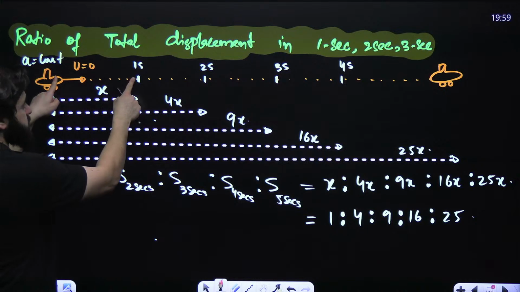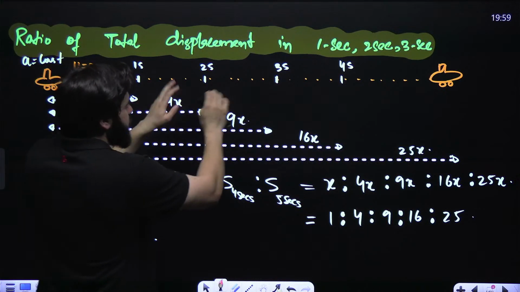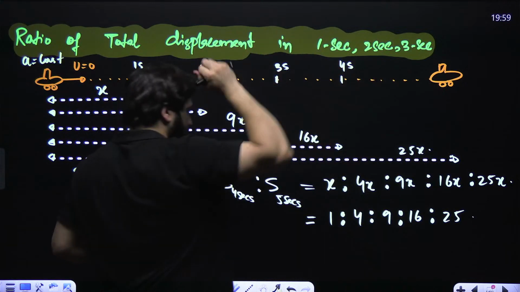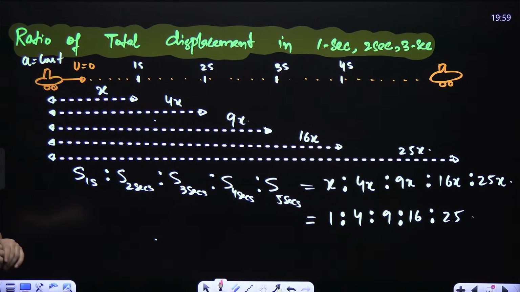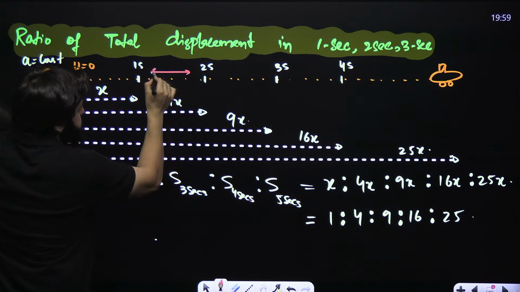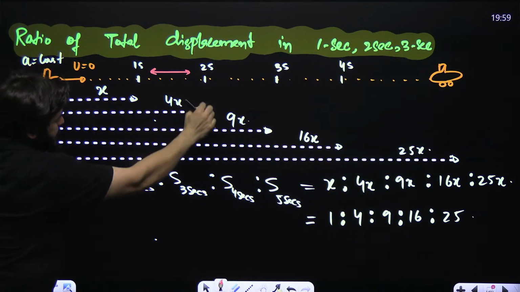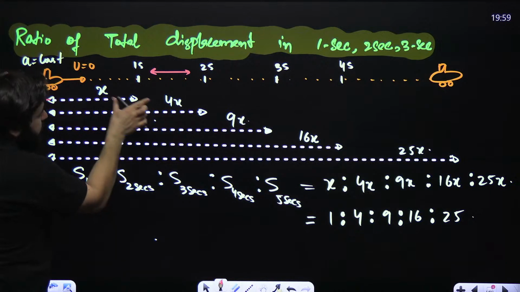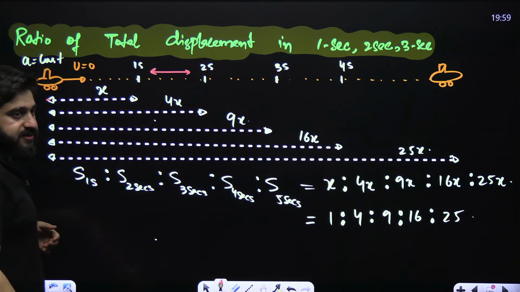And this much is displacement in first second, second second, third second, fourth second, fifth second, and so on. Guys, see. Can you tell me what is the displacement in first second? That is x. Can you tell me what is the displacement in second second? That is this much displacement. You say, sir, total is 4x minus this x. 4x minus x, you will be getting this as 3x.